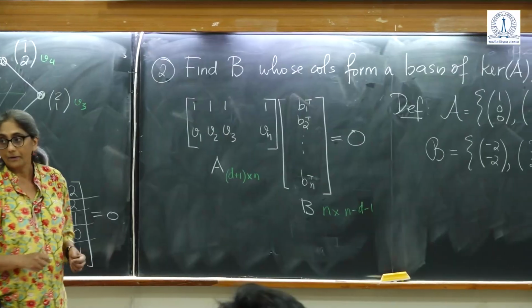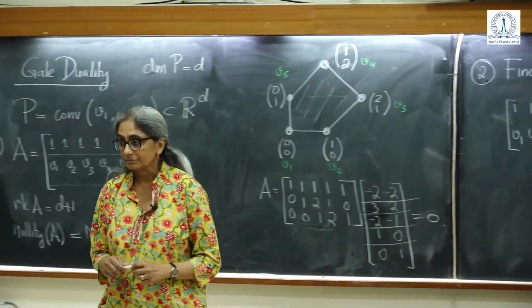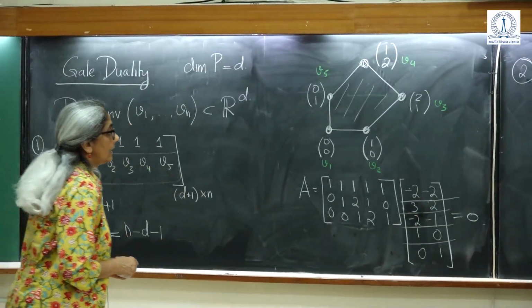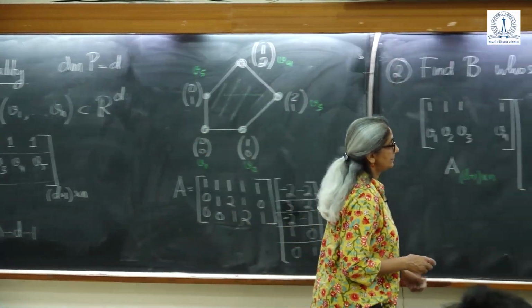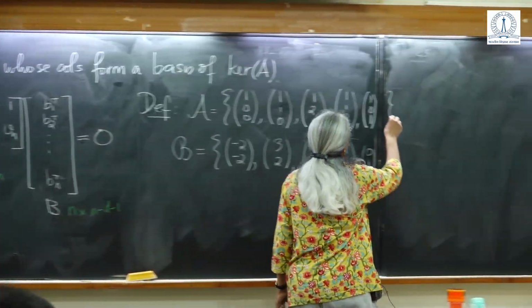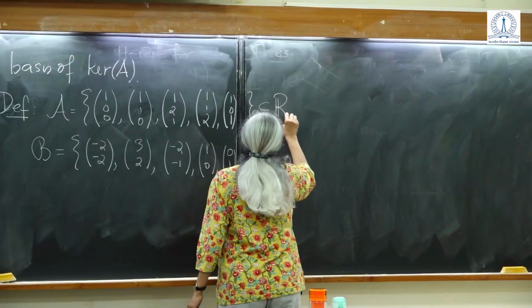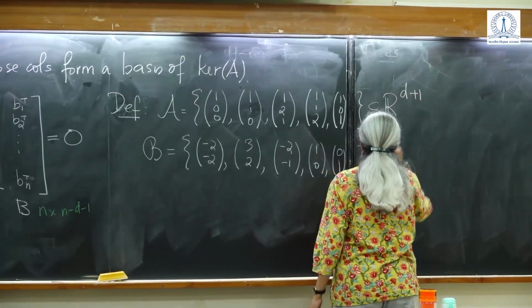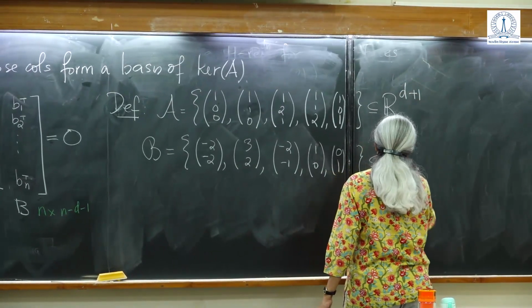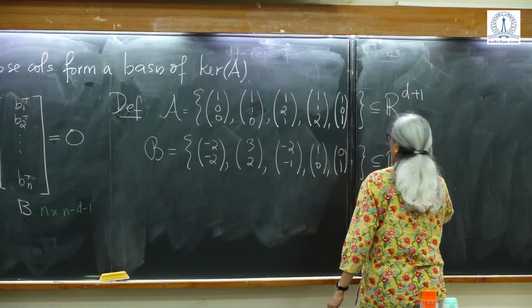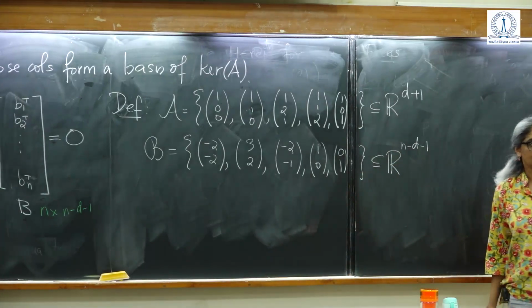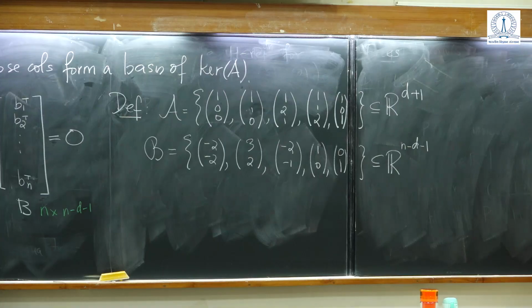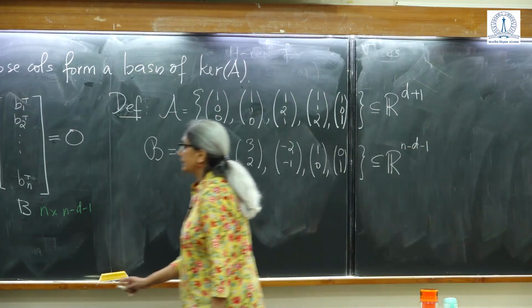So just to clarify, A lives in R^(d+1). This lives in R^(d+1), and this lives in R^(n-d-1). In general, this is what's happening. So in general, I have this B configuration.